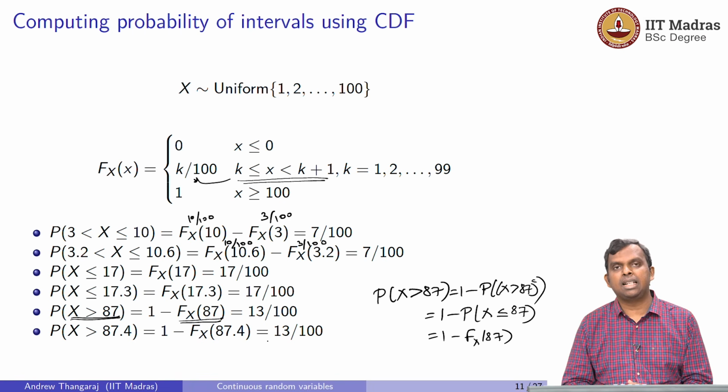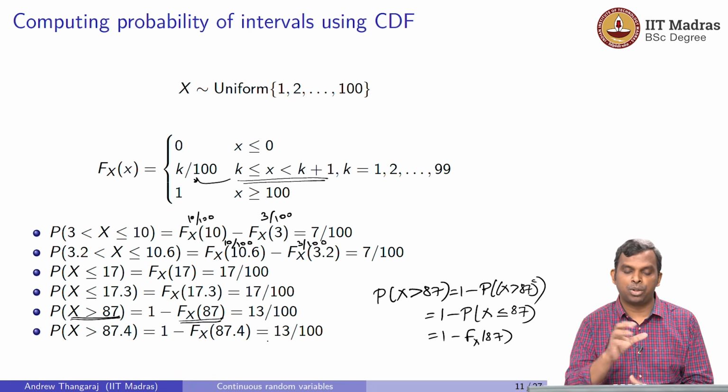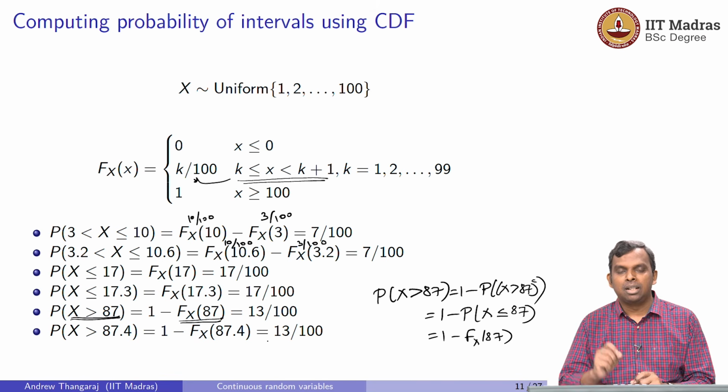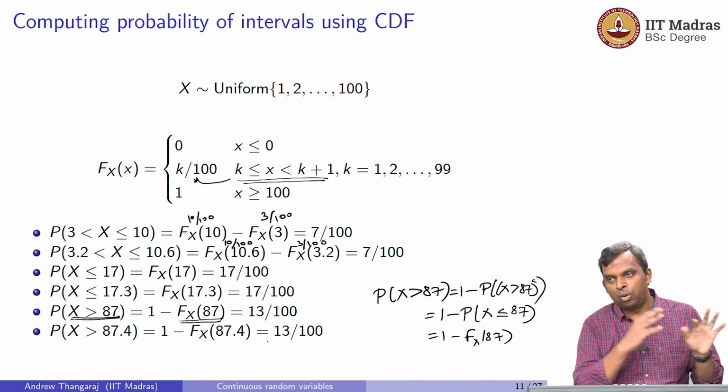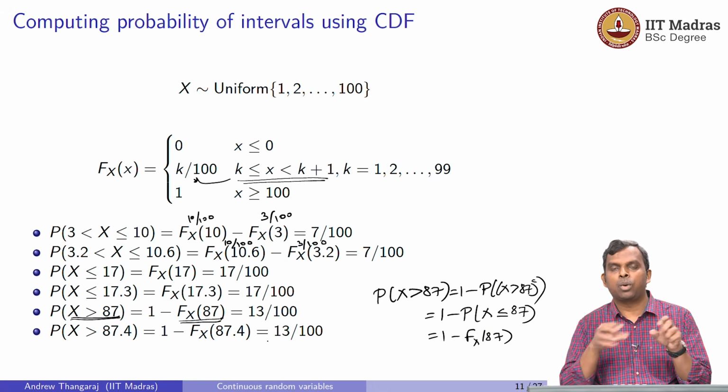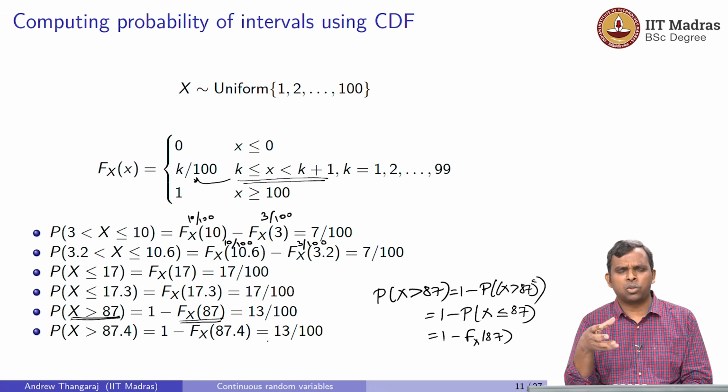This is again a simple skill, and you should develop this given a description of the CDF. How do you find probabilities of the intervals? There are different types of intervals. I may include something, I may exclude something. You should know how to move around between these two. Maybe the intervals only go on the left side, only go on the right side, or between two values, maybe two different intervals. How do you do all that? You use the basic rules of probability, right?